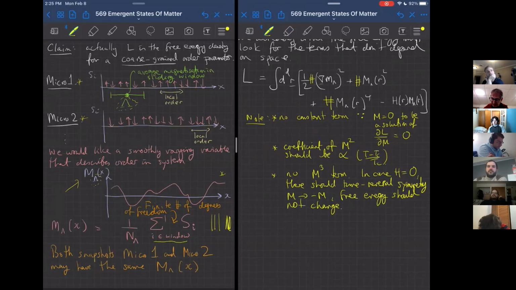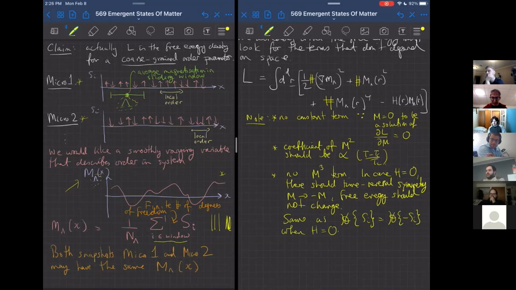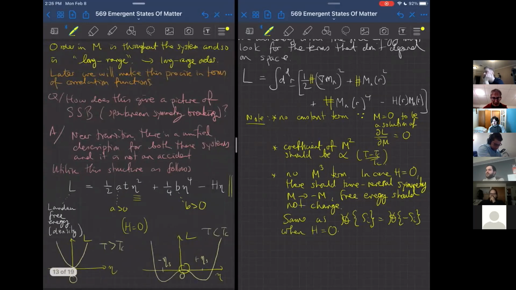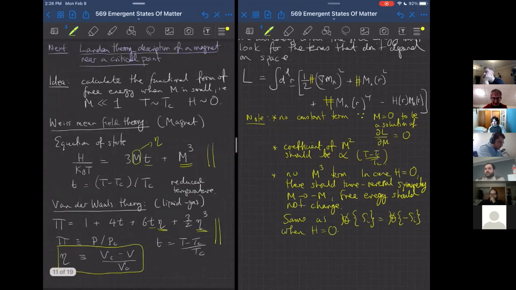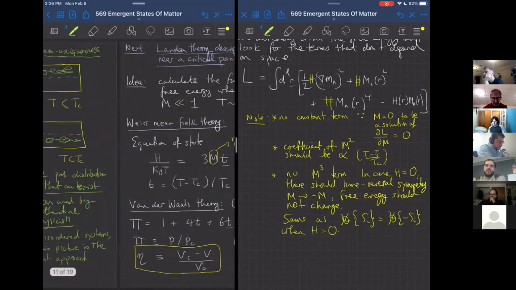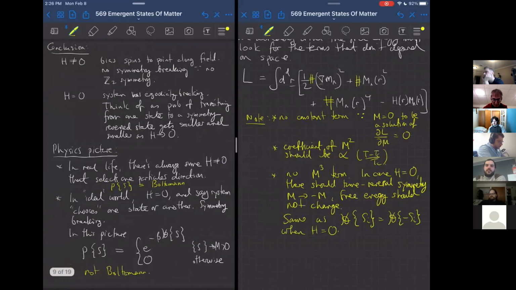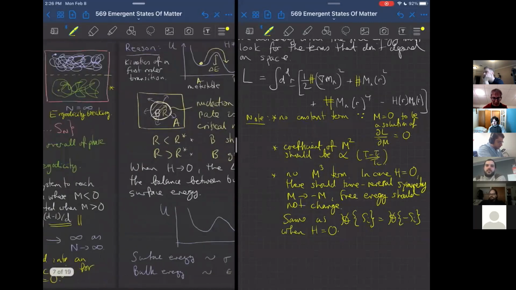So this is the same as H of s_i equals H of minus s_i when the external magnetic field is equal to 0. And we saw that last time when we wrote down the Ising model Hamiltonian somewhere back here.